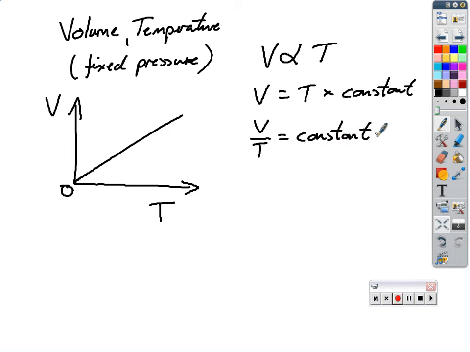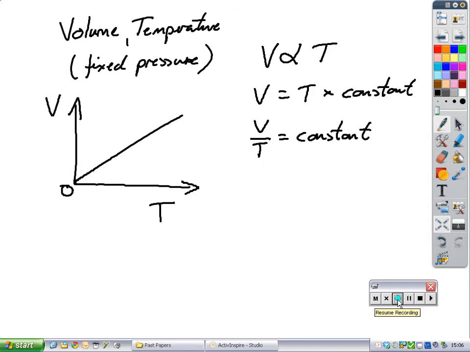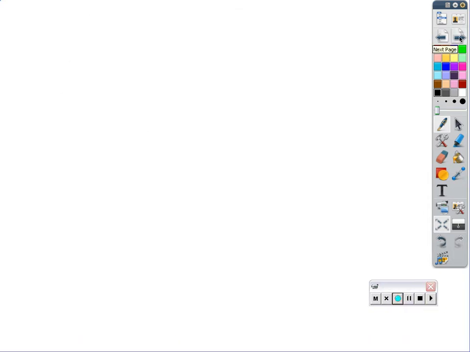Right, next thing we need to do is take these 3 formulas we have and put them all together. We have our pressure-volume, which is PV equals a constant. We have our pressure-temperature, which was P over T equals a constant.